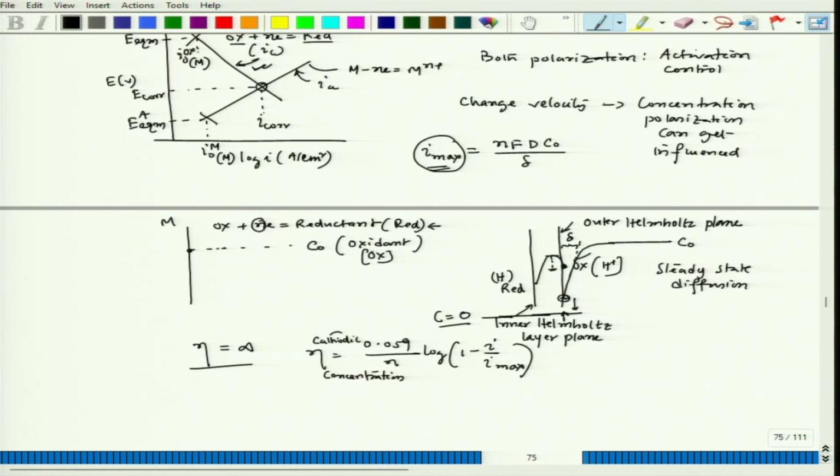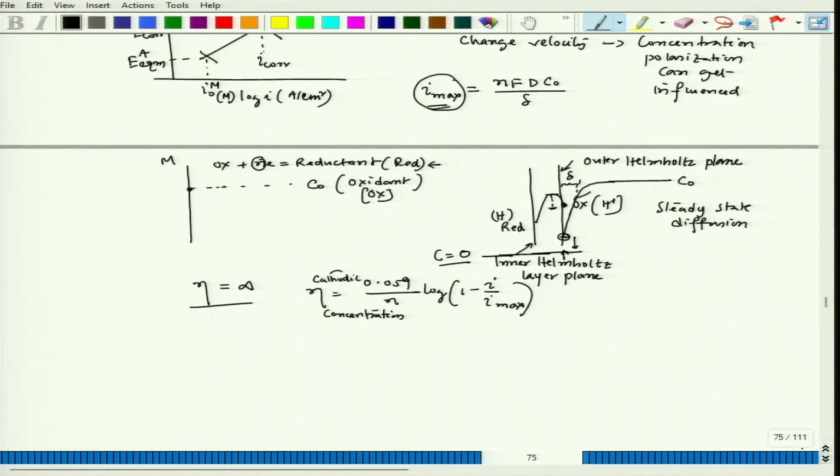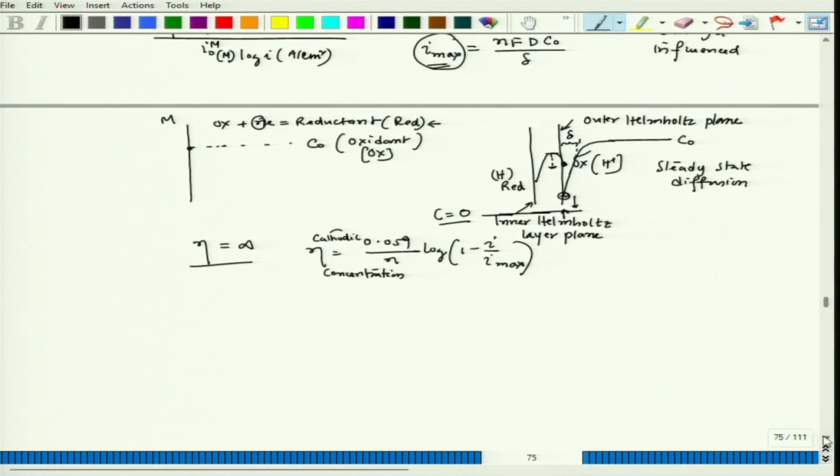So, now when the corrosion process is controlled by cathodic polarization, we mean that the interaction of the anodic part of the metal, that means the dissolution of metal, with the reduction process on the E versus log I plot is also talking about mixed potential.